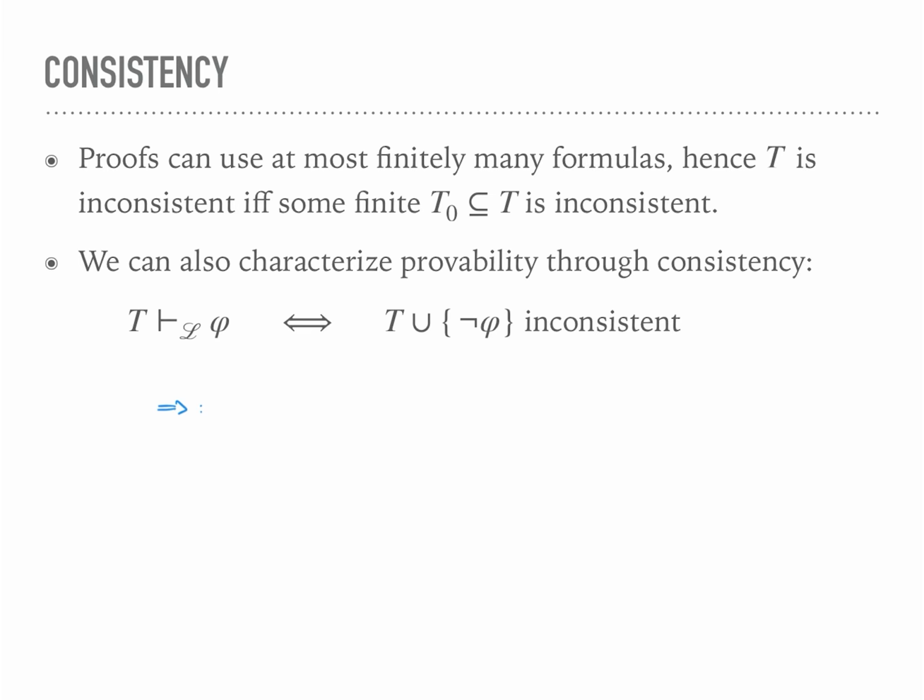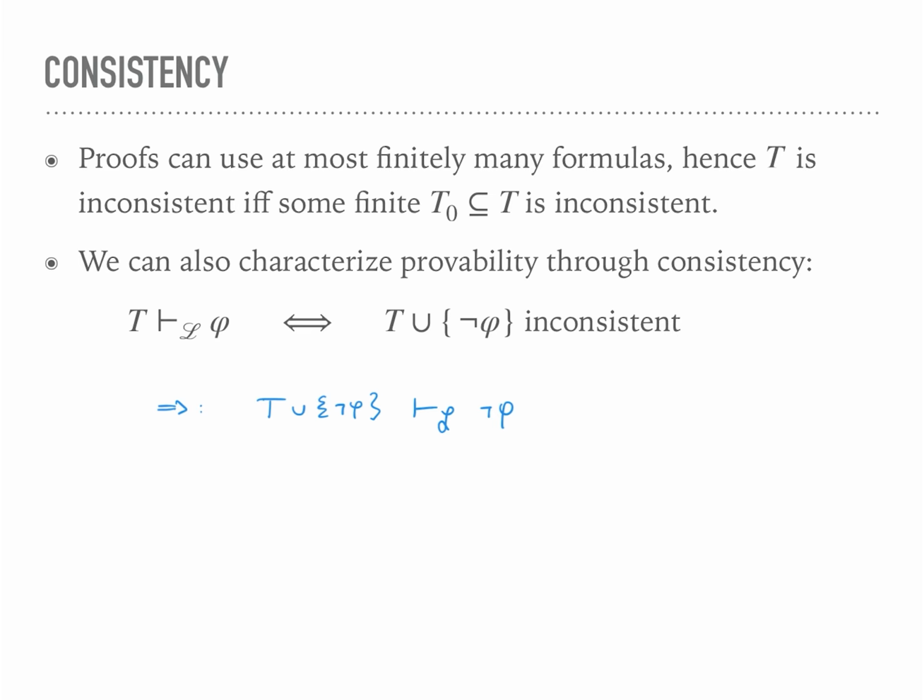If you know that T proves phi, you also see that T union not phi clearly proves, by the definition of proof, not phi. So if T proves phi, then T union not phi also proves phi, because T already proves it. And since T union not phi also proves not phi, we would have an inconsistency here.